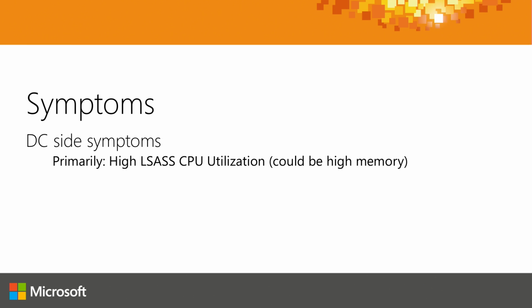There's a lot more that it could be than just high LSASS CPU. Generically, we could have an Active Directory performance problem and not see any CPU utilization. The DC, in order to respond to the client request, may be waiting on a third party. This may be some additional work, like we're trying to do secure LDAP binds, and it's slow.